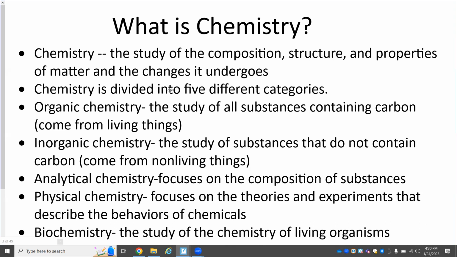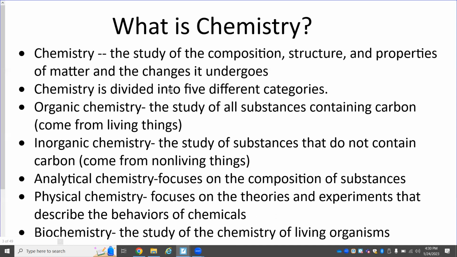We do have organic chemistry. This is the study of all substances containing carbon that come from living things. So this could be anything from human waste, human remains, plant life, or any compounds from plant derivatives.